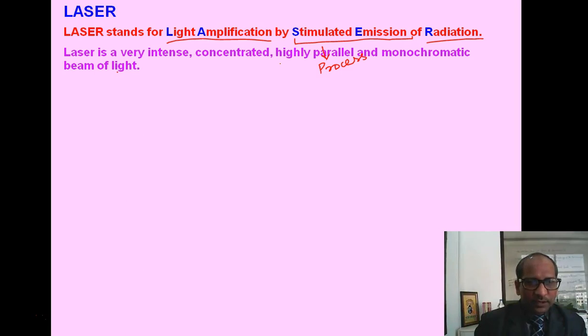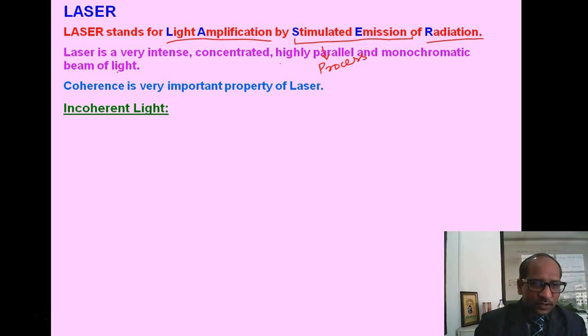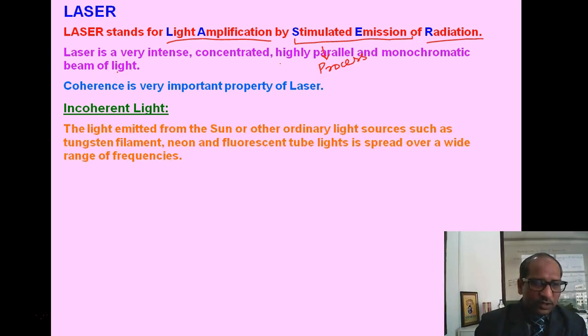Laser is a very intense, concentrated, highly parallel and monochromatic beam of light. Coherence is a very important property of laser. And when we use the words coherence and incoherence, what do they mean basically?